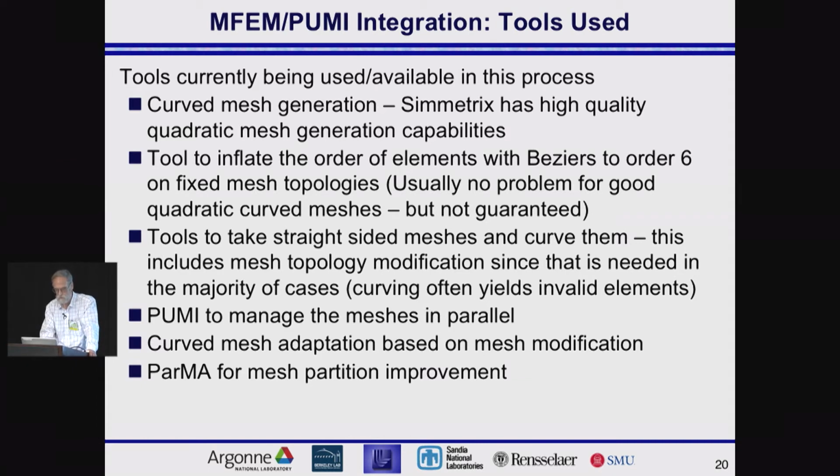And all this can be managed in parallel. I should mention the particular mesh generator that we use, you can actually generate the initial mesh in parallel. We've generated meshes of tens of billions of elements on 2,000 cores. So we're already bringing in meshes that are partitioned to 2,000 parts.